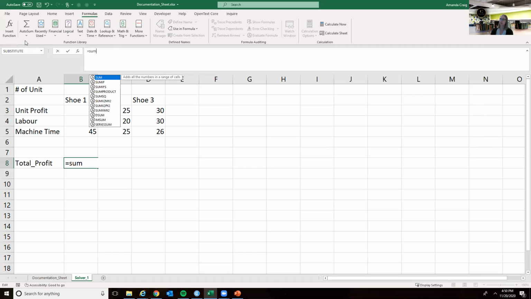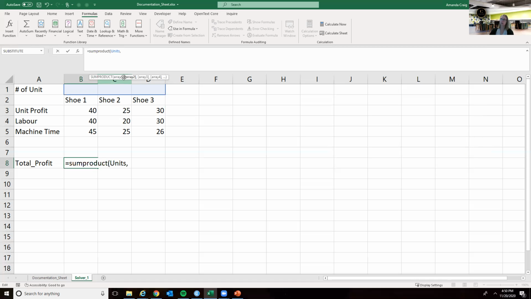So by typing in SUMPRODUCT, we can easily refer to 2 strings of cell references that we want to multiply against each other. So in this case, it's going to be our units, comma, right?